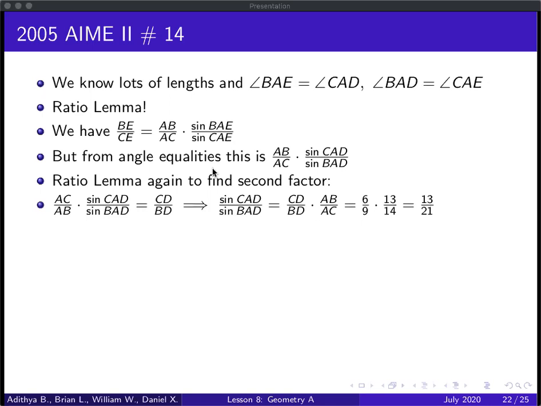Does this chain of equalities make sense? We're taking a ratio lemma equation, rearranging it to find what we want.